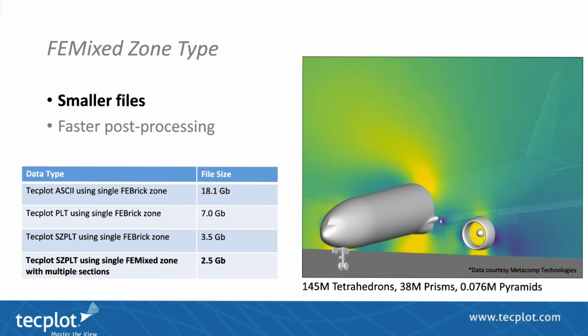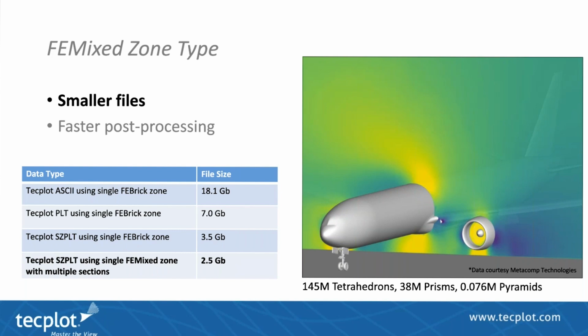SCPLT has the zones divided up into small subzones, and there's some lossless compression. And then finally, with our new FEMixed zone type, with multiple sections, one for all the tetrahedrons, one for the prisms and one for the pyramids, it gets down to 2.5 gigabytes.